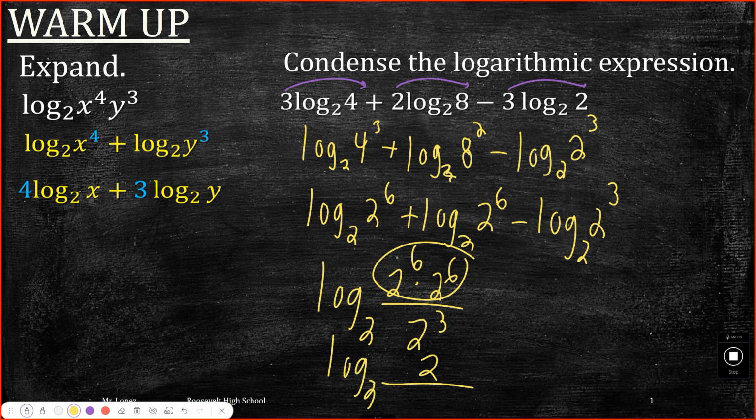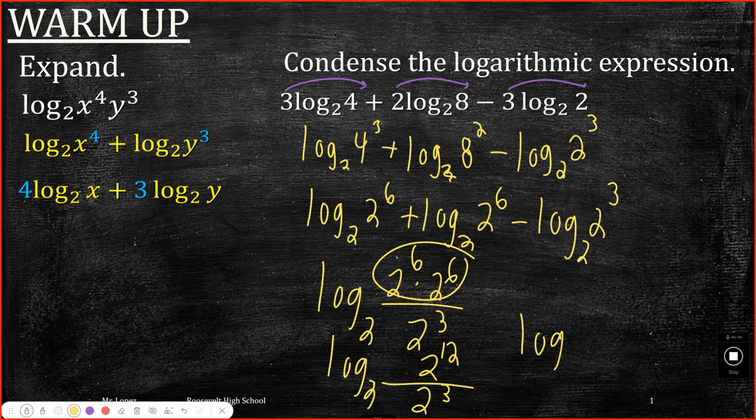What is it? Anybody, what do you think it is? Would it be add them up? Yes. What's 6 plus 6? And then you got 2 to the third. And then we're going to have what?